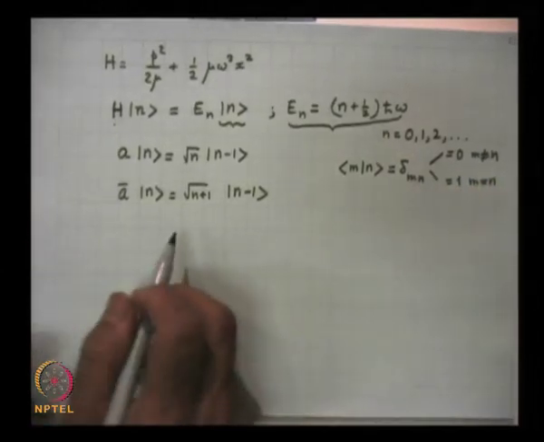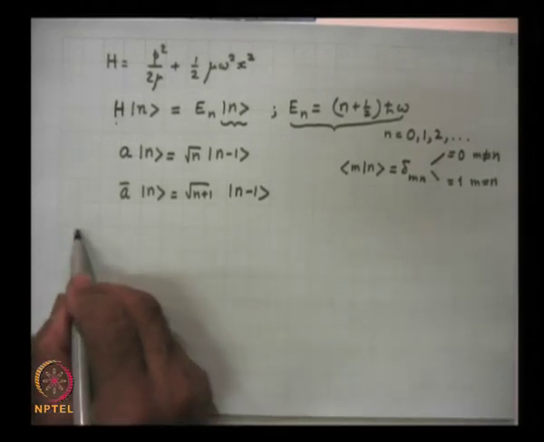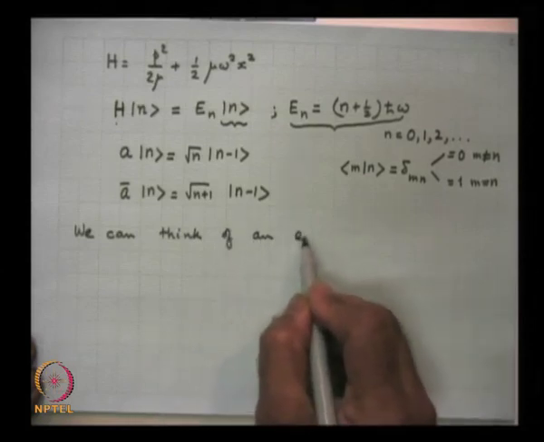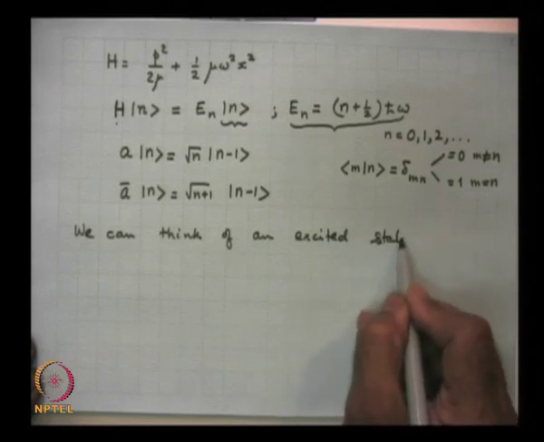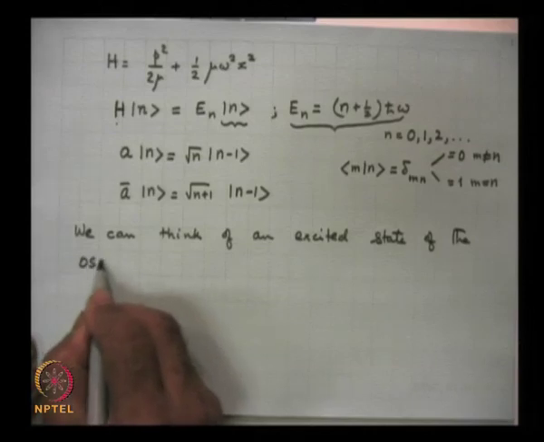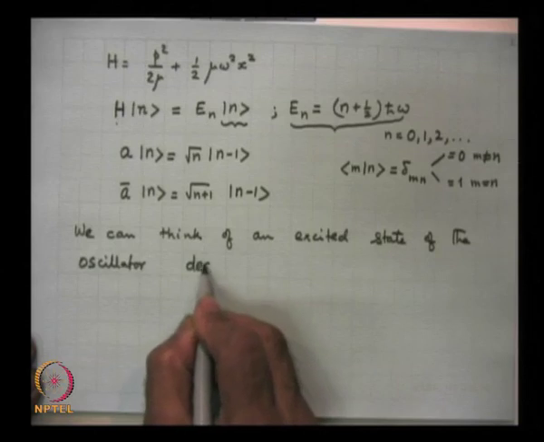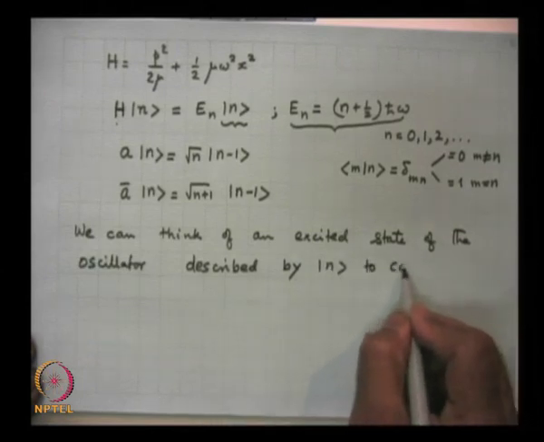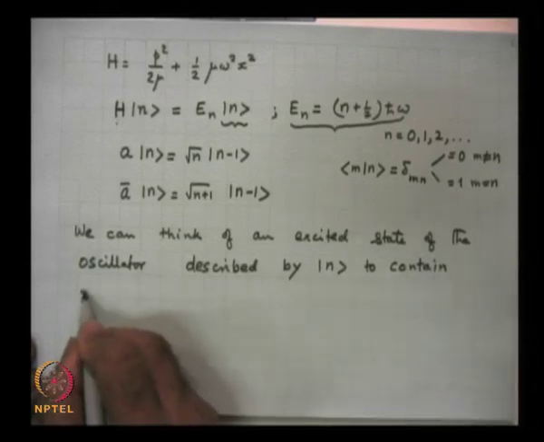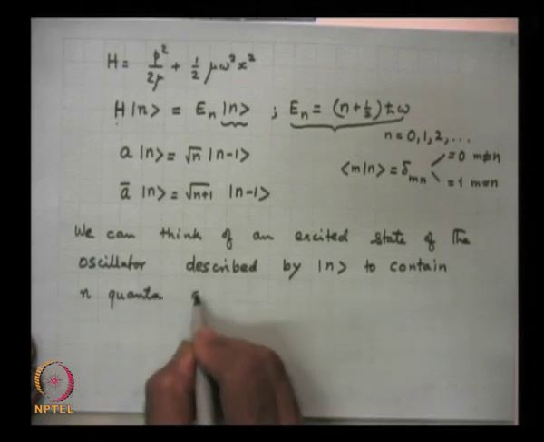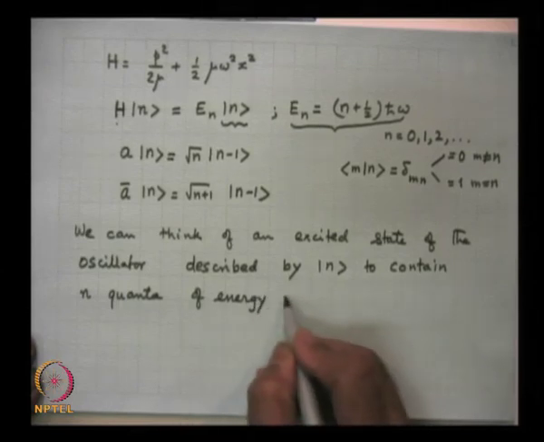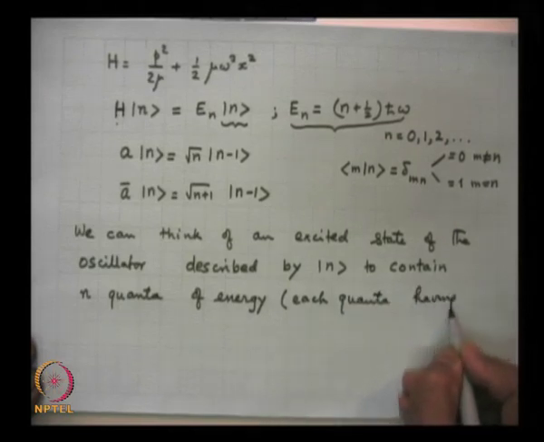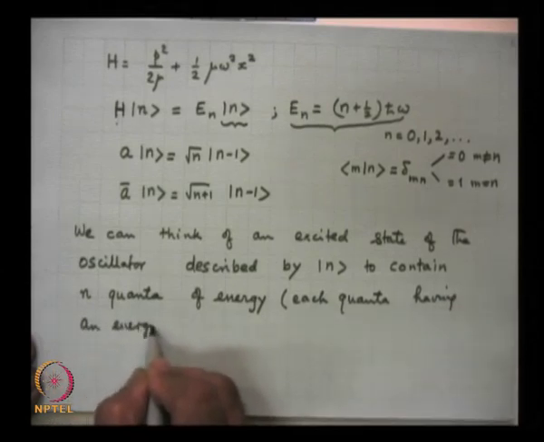Now, because this is important, we can think of an excited state of the oscillator described by ket n to contain n quanta of energy, each quanta having an energy equal to h cross omega.